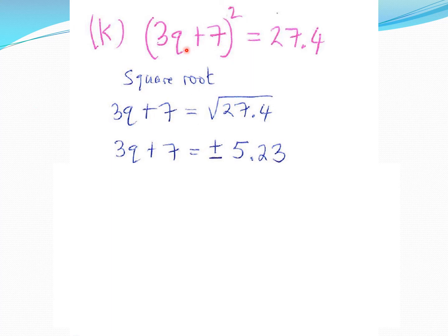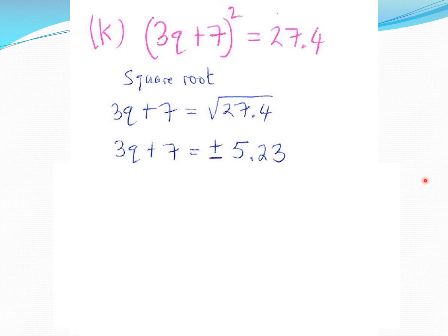And part K, 3q plus 7 all squared equals 27.4. Square root both sides, which undoes the square on the left hand side, and we're left with 3q plus 7 equals the square root of 27.4. 3q plus 7 equals plus or minus 5.23.